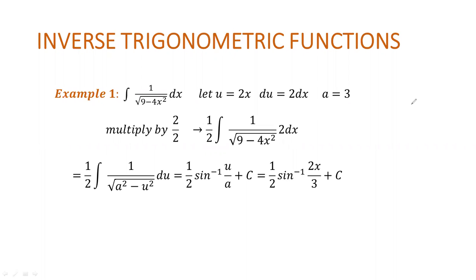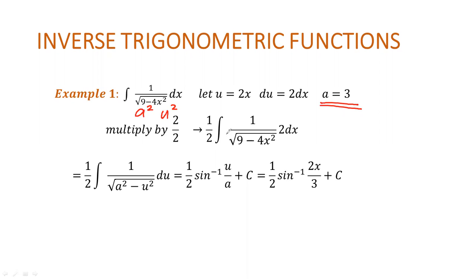Now, this is actually your a squared and this is your u squared. So your a squared is 9, it follows that your a is 3. If this is your u squared, then your u must be 2x, because 2x squared is 4x squared. If you differentiate 2x, that would be 2 dx.